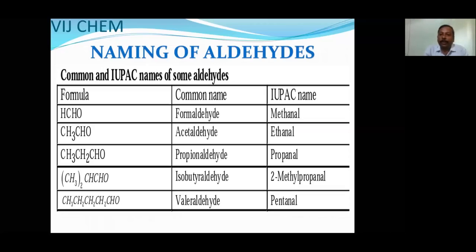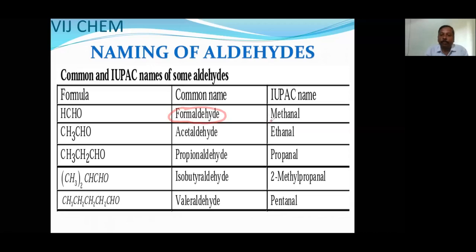Okay, now we are going to have a collection of the common names. Actually, there is no problem with the IUPAC name because the IUPAC name has some logic, so it is easy to write the IUPAC name, but it is difficult to write the common name. See, formaldehyde. What is the logic in that?